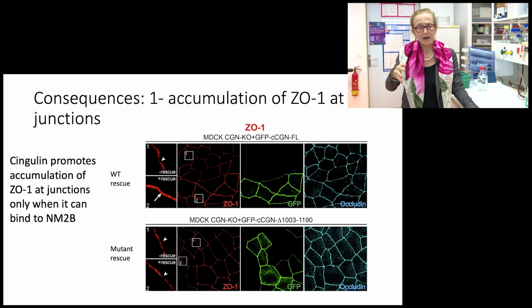Now, what's the consequence of this for the function of the cell? We have looked at different things, and I can just summarize a few. First of all, the amount of ZO1, a protein that binds to cingulin, is increased when cingulin recruits myosin.